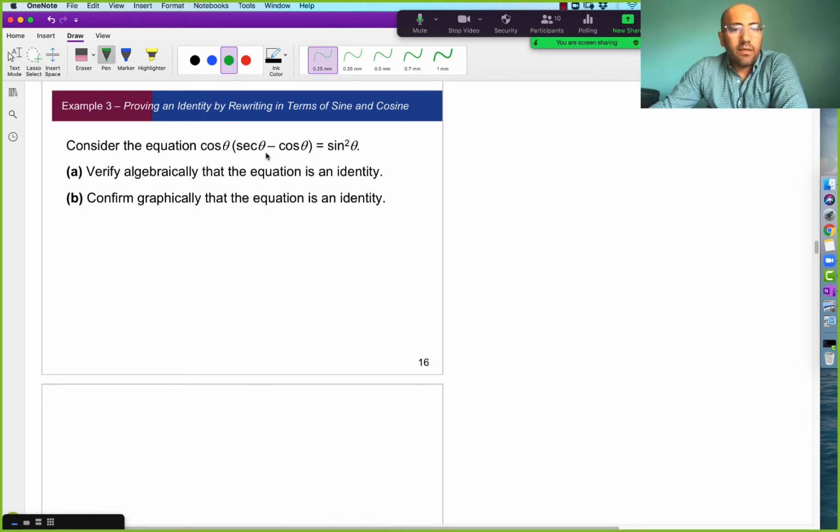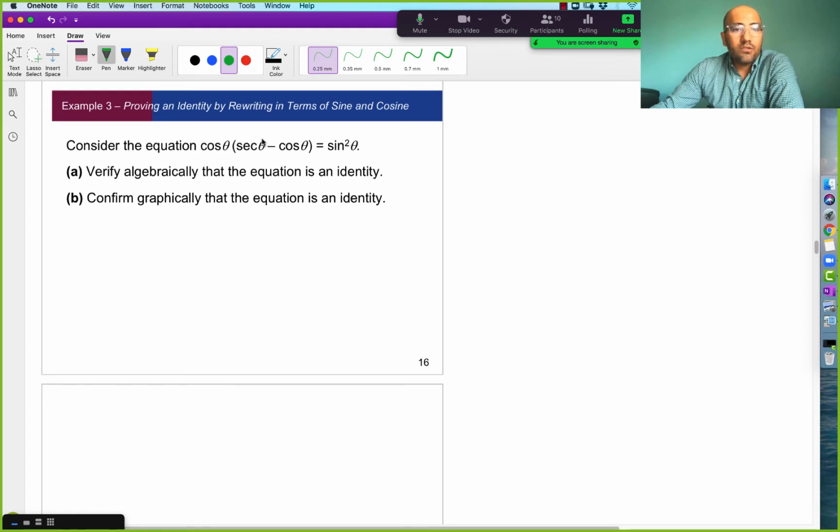If you pick one unique value of theta, maybe you've helped to confirm for yourself that it's worthy to keep moving forward, that it's not an obviously wrong thing, but that's not good enough in terms of proving that it's true. Good? Okay, so what are we going to do? Let's pick one side. You can pick either side or both sides, but experience shows that it's easier to work with the most complicated side.